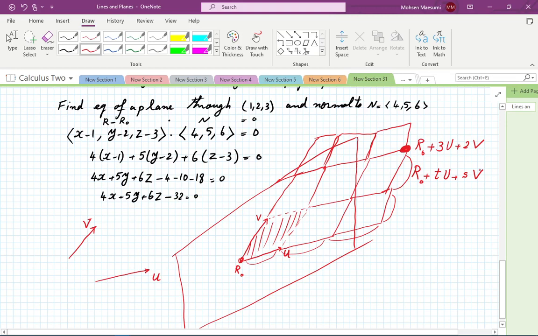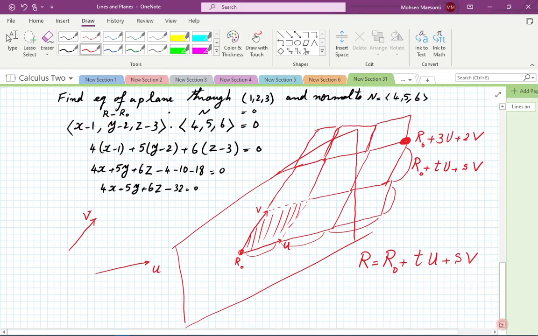So that would be our parametric description of a plane, similar to what we had for the line. If I want to arrive at the location r, I specify a starting location, and then specify two direction vectors. Let's call one of them u, and you take so many steps in the direction of that, and so many steps in the direction of v. So s and t become your parameters.